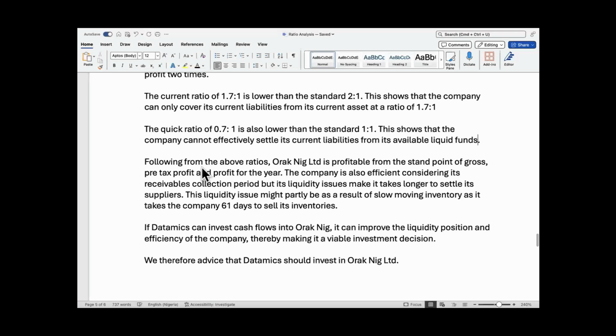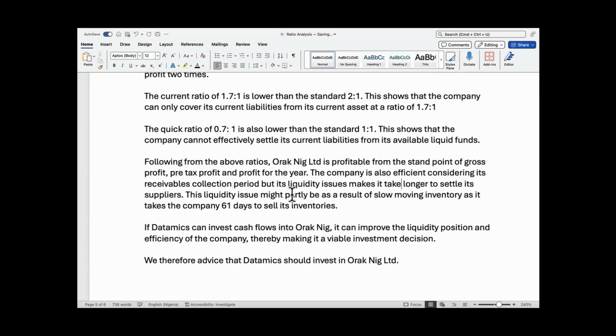I said, following from the above ratios, ORAC Nigeria Limited is profitable from the standpoint of gross profit, pre-tax profit, and profit for the year. The company is also efficient considering the receivables collection period, but its liquidity issue makes it take longer to settle its suppliers.